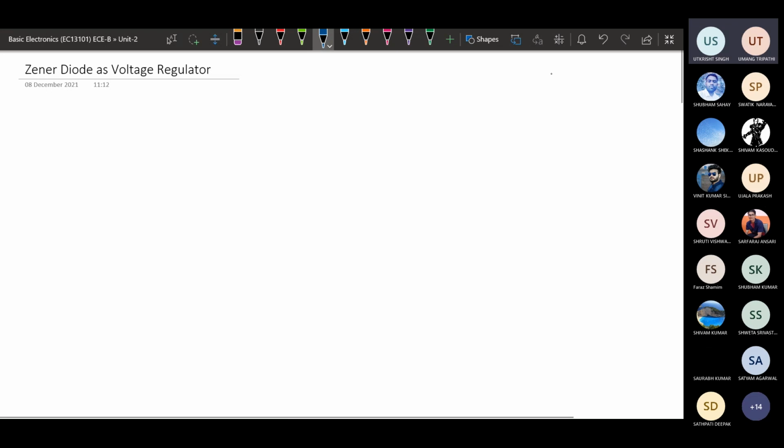Okay, so basically here this Zener diode is used to regulate the load voltage. So whatever load resistance we have applied, the voltage across this load will be regulated by this Zener diode.